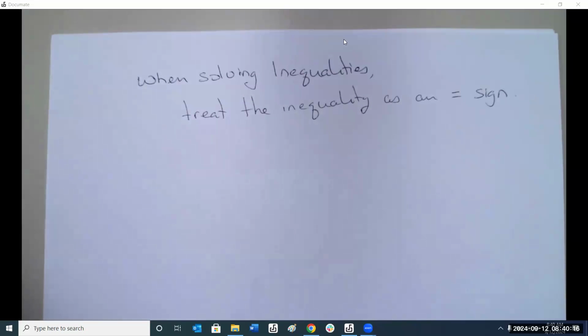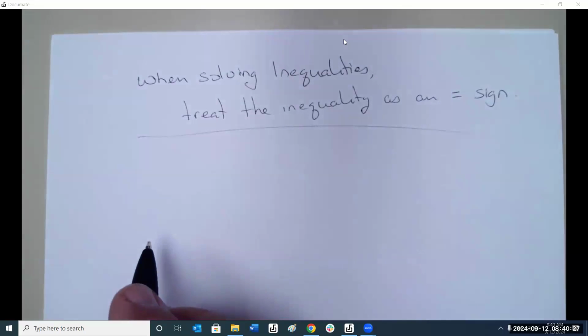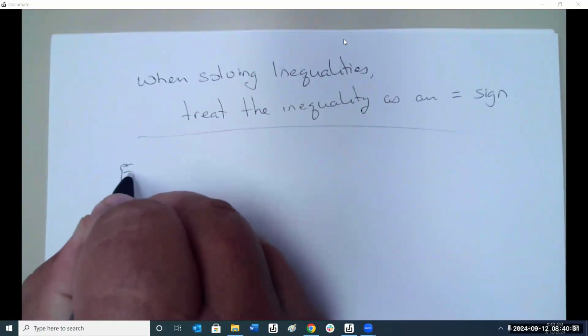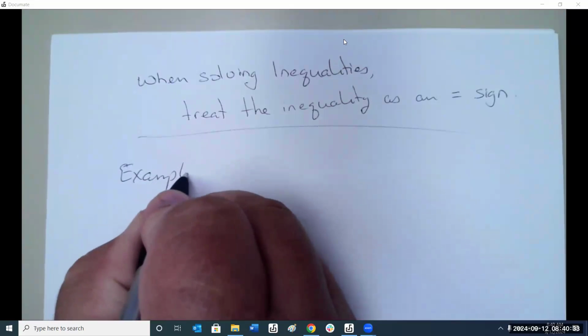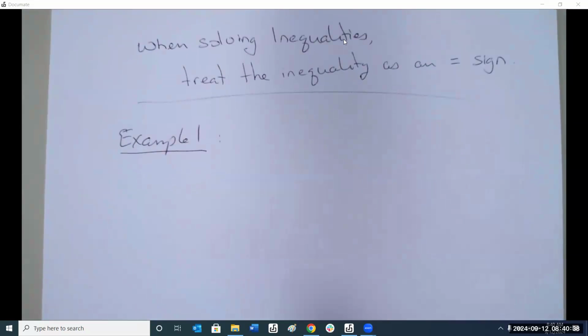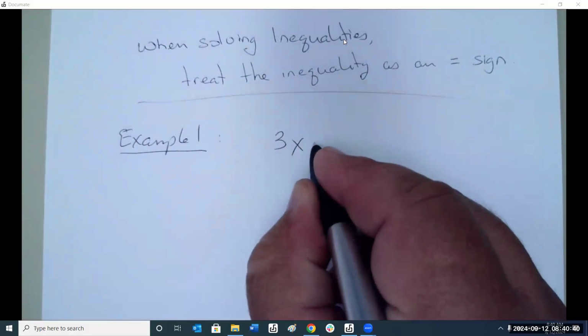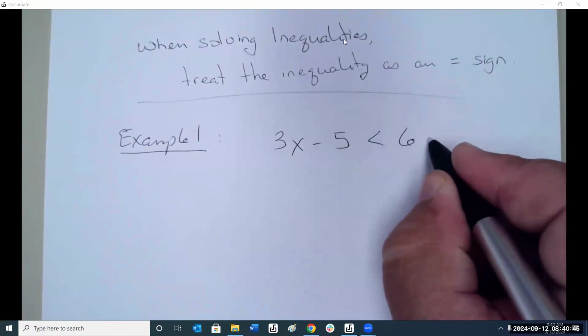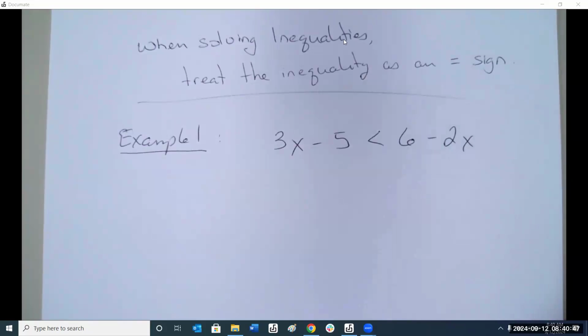Show you. Look at these. So in your sheet I gave you, we have example 1. Three x minus 5 is less than 6 minus 2x.